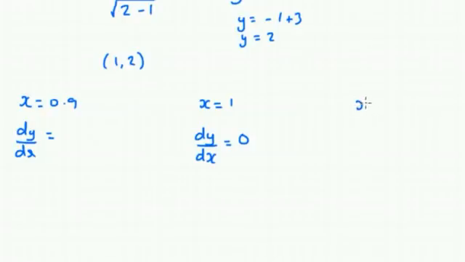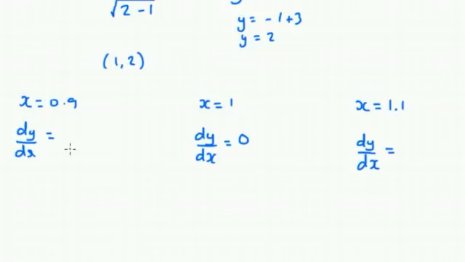So if we check it at 0.9 and 1.1, we'll be able to find the sign of the gradient, so we'll know whether it's negative or positive on the 2 sides of the stationary point. So that will be able to tell us whether we've got a max or a min.